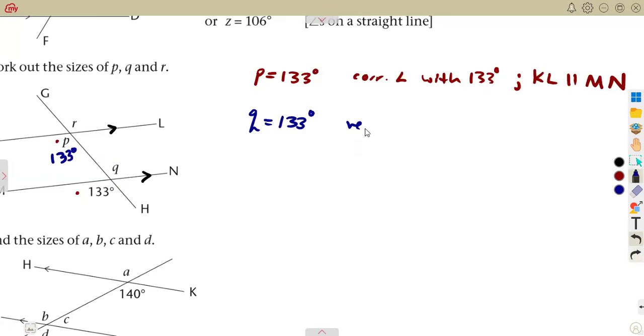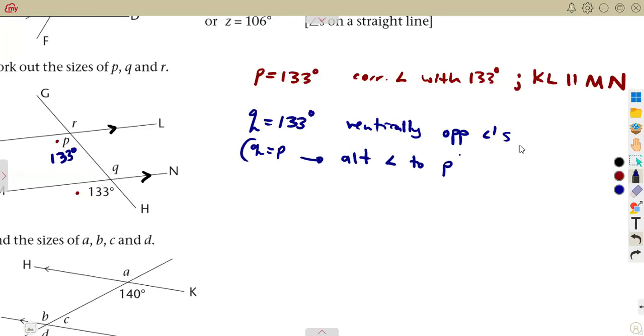All right. So we have the part of vertically opposite angles. Or we can consider this to be equal to P. We can consider our Q to be equal to P. And in that case, we are referring to the alternate angles, the ones which form a Z. So it's alternate angle to angle P. From the parallel lines concept, you conclude with that statement that you used there, KL is parallel to MN.